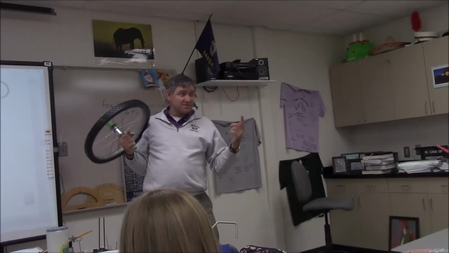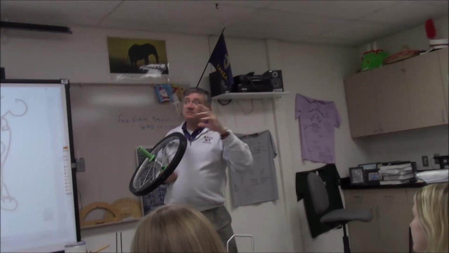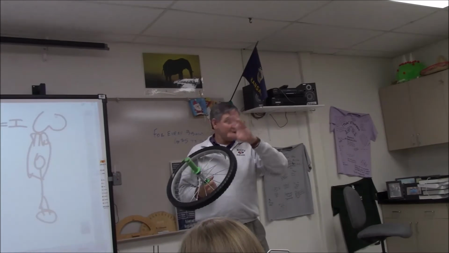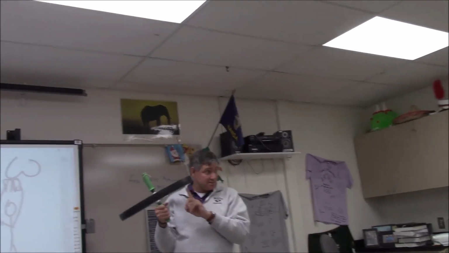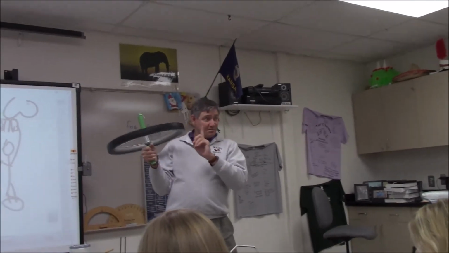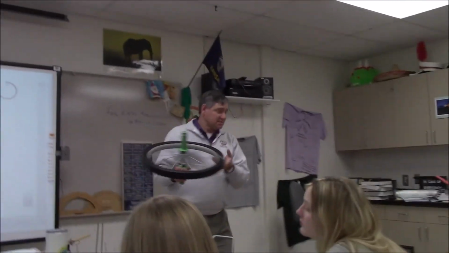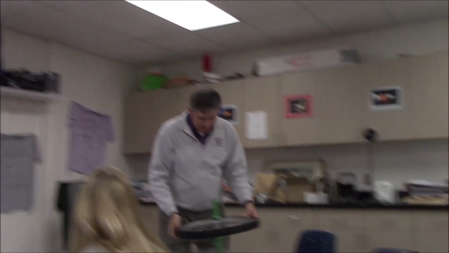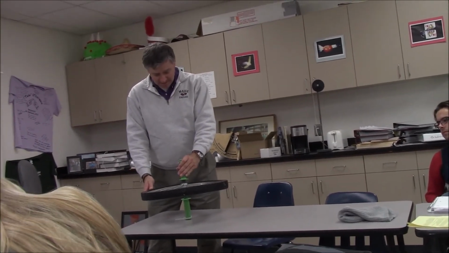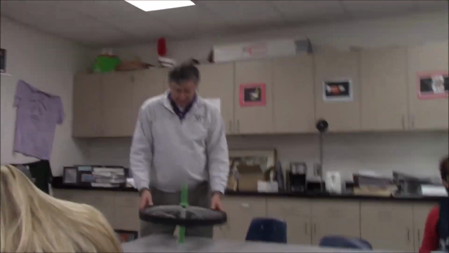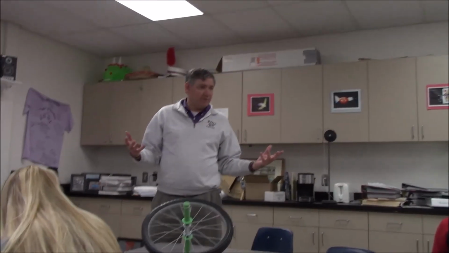So this is how gyroscopes work in navigation systems like on spaceships or airplanes. Because you have a fast spinning object, and that wants to maintain a certain angular momentum. So this is why, if you've ever tried to ride a bicycle, if I try and balance this like this, it doesn't stay up because it doesn't have a momentum vector.